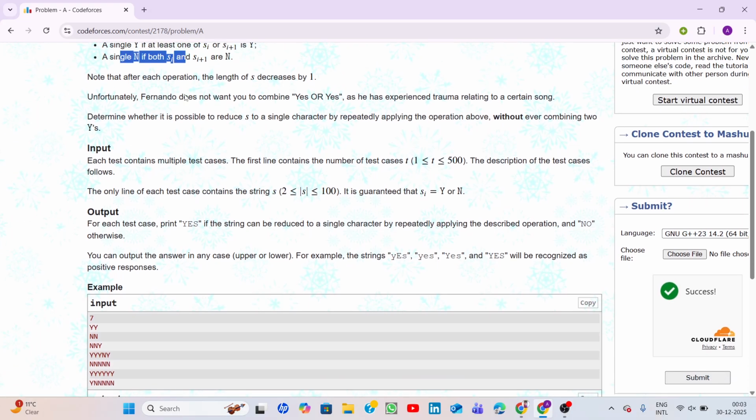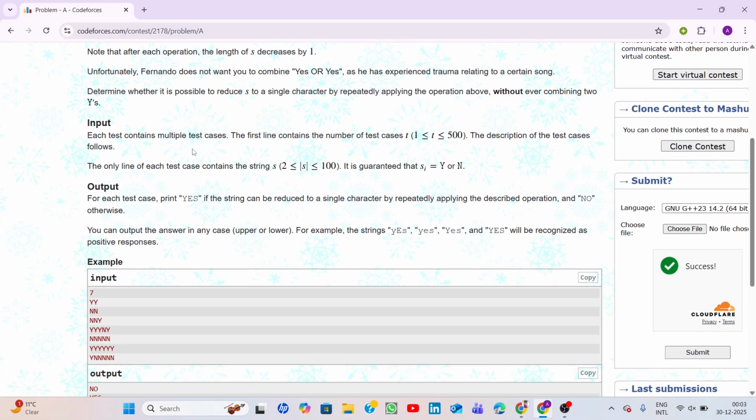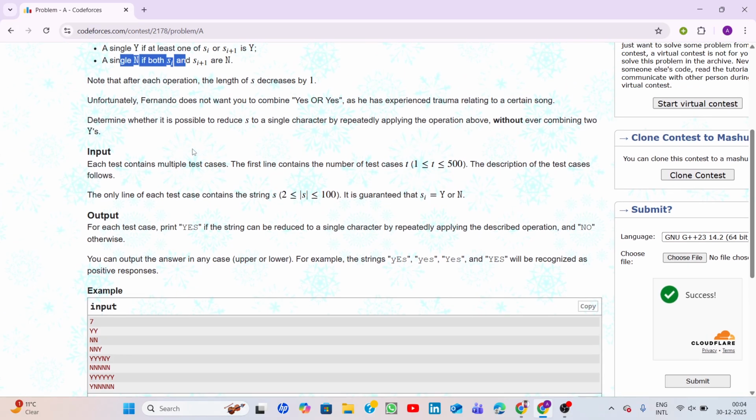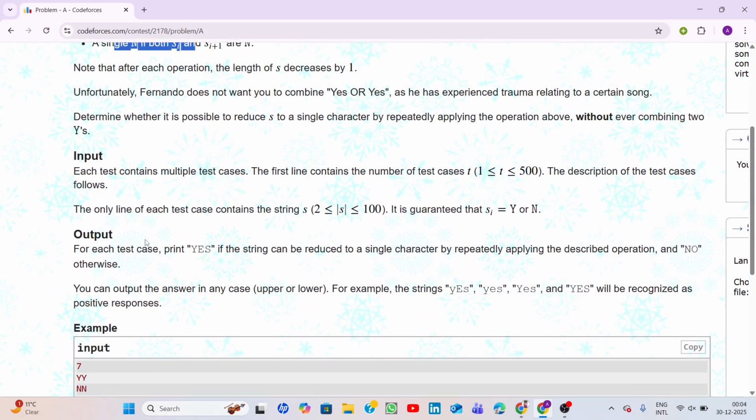We are asked whether it is possible to make a string of length n without combining two consecutive Y's.